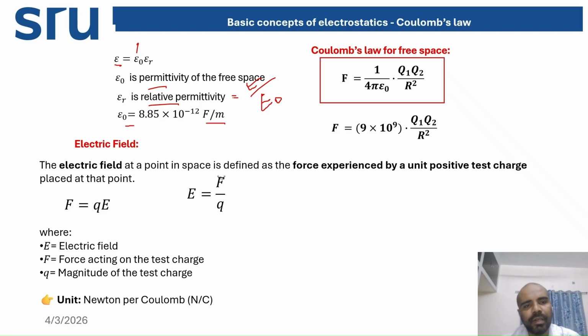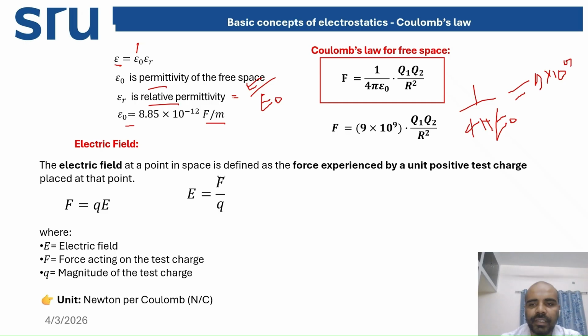And 1 by 4 pi epsilon naught is equal to 9 into 10 to the power 9 Newton meter square per Coulomb square.